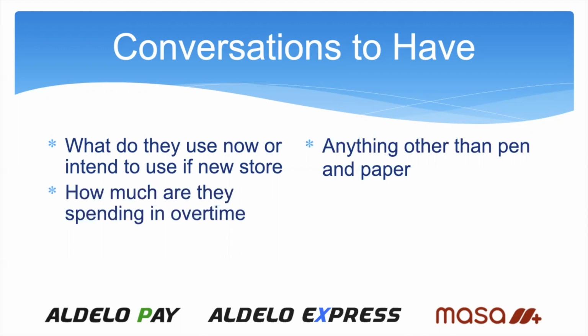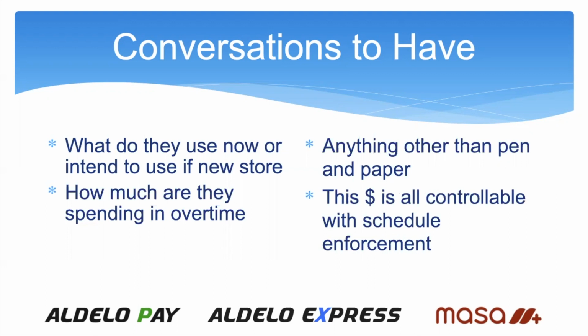So how much are they spending in overtime? Well, every dollar of that is controllable. Whether they're controlling the riding the clock issue where they get an extra hour or 2 per paycheck, we can shut that down.